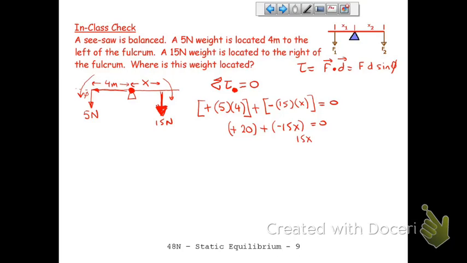So 15x is equal to 20. So x is equal to 20 over 15, which equals 1.33 meters. Oh yeah, that makes sense. It's much shorter than 4. Turns out 3 times the amount of weight gives you 1/3 the amount of lever arm. Okay, not bad.